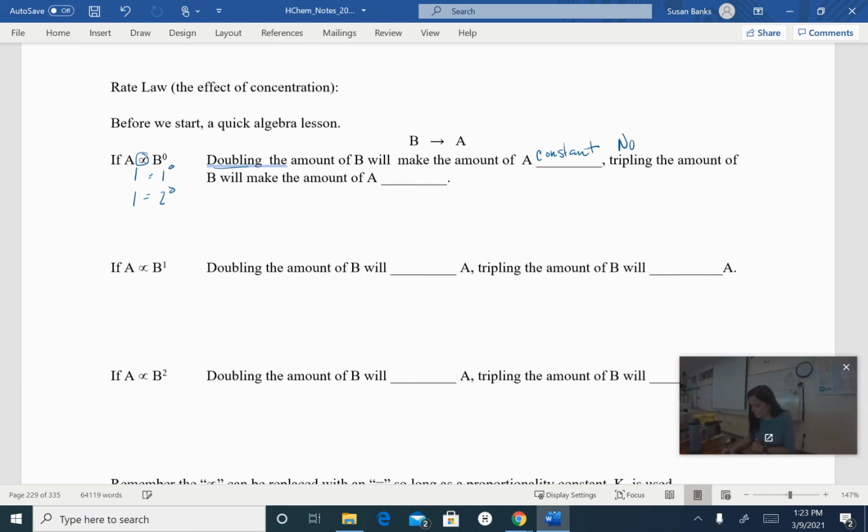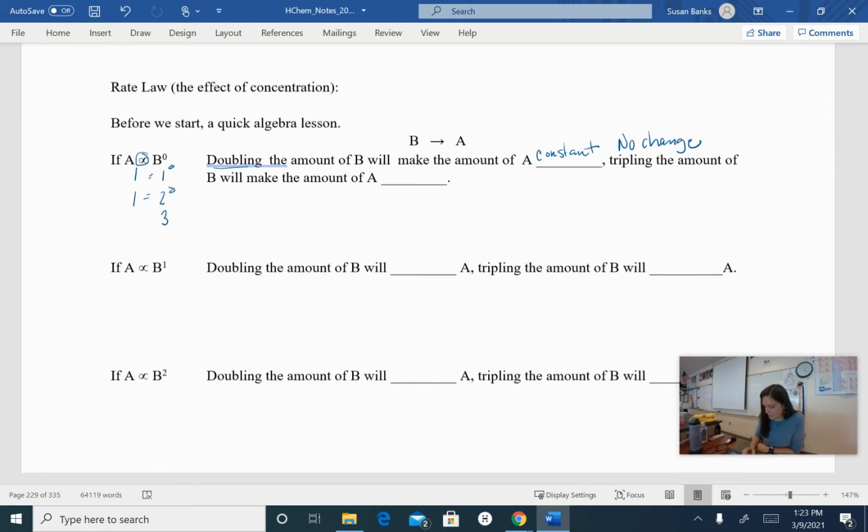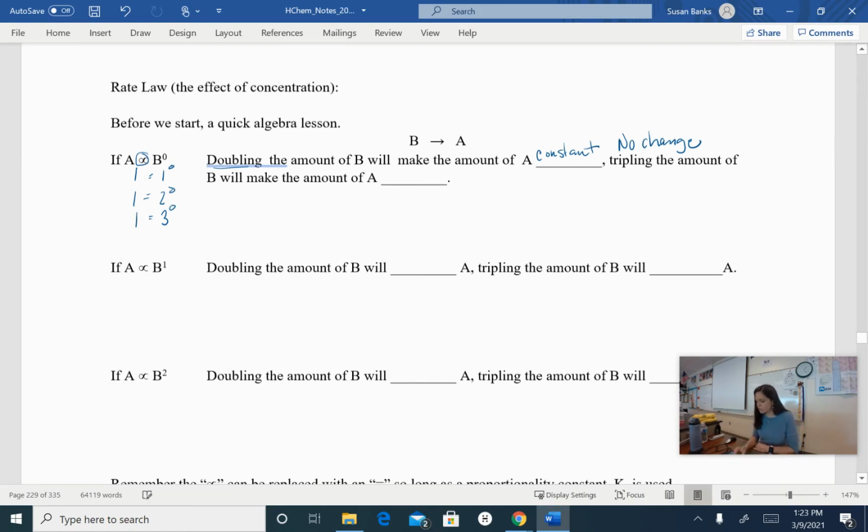There's no change here. Okay? What if I triple B? 3 to the 0 power is still 1. So tripling the amount of B still makes the amount of A constant. There is no change.